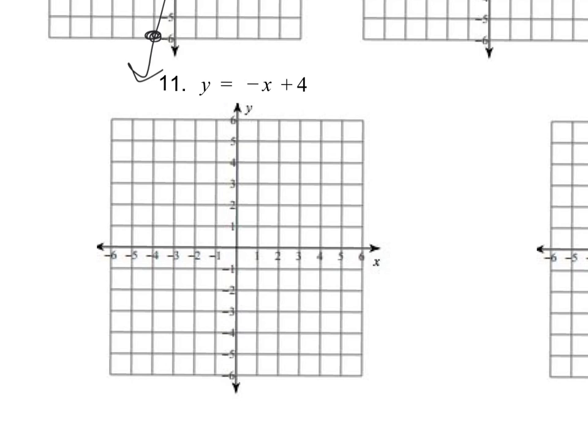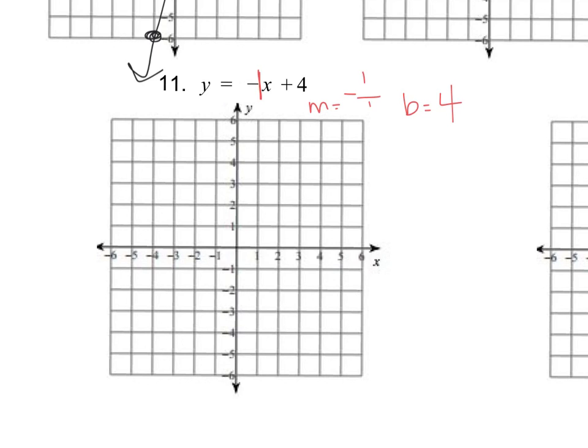Number 11. Write down your M and your B. And then let's decide what is our y-intercept. And what is our slope? Remember, if you have a variable and there is not a number in front of it, it really is 1. So this lets us know that our slope is negative 1 over 1. So let's start drawing.